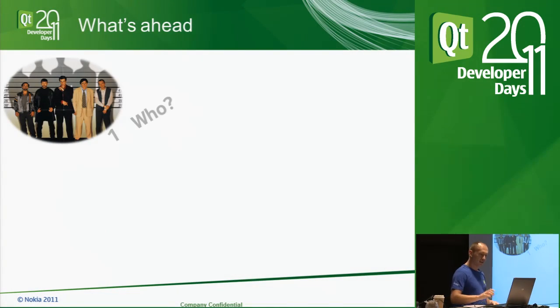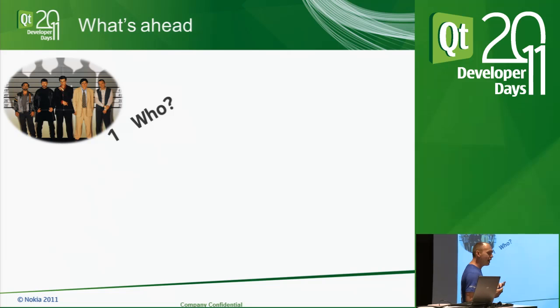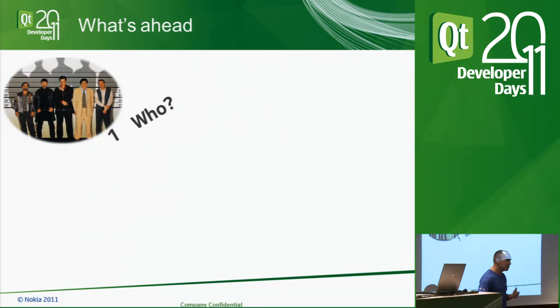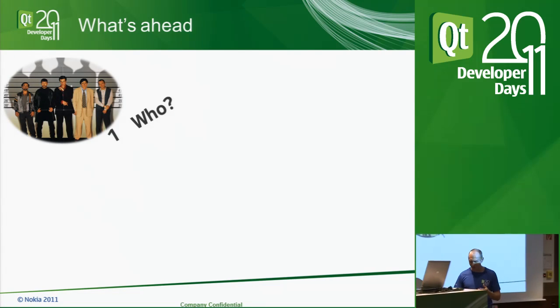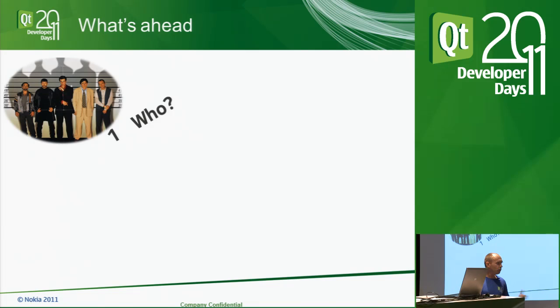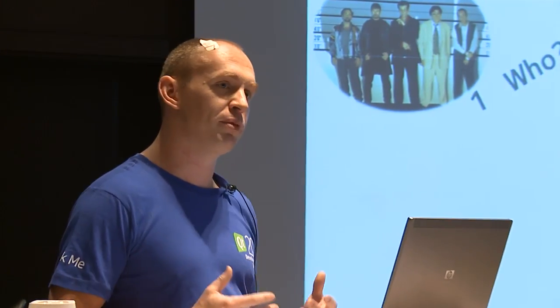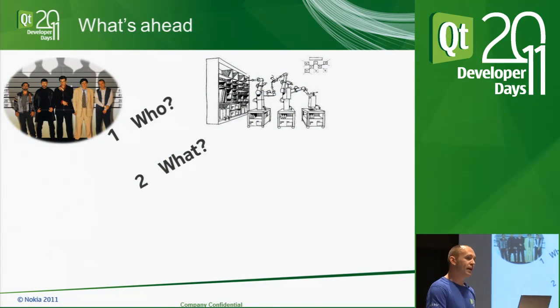So what's ahead? First up, I'm going to be talking about who we're aiming Qt Quick 3D at. Now, I'm almost guaranteed to trip over that before the end of the day. So who are we talking about when we're looking at Qt 3D? Who are the usual suspects? Who's interested in Qt 3D from a development perspective? Who does this changing paradigm of development refer to? I'll then be discussing what we can do about it.